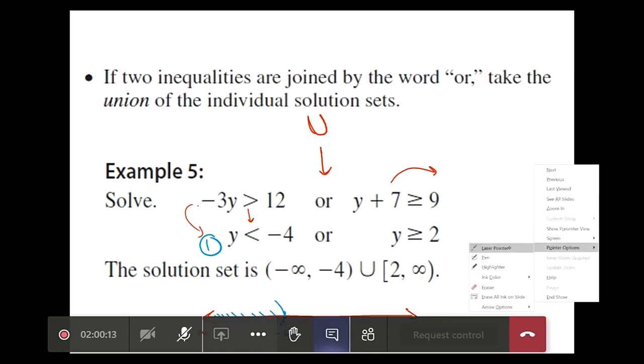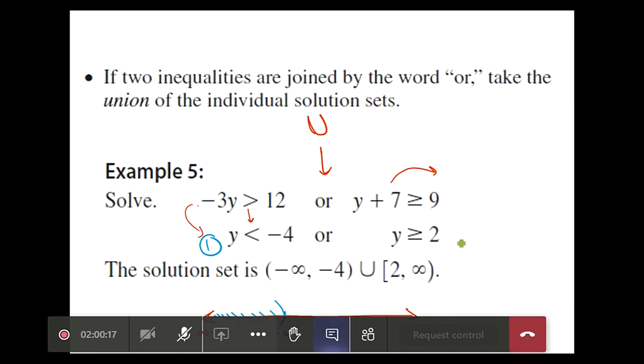The second one, this one, we have y greater than or equal to, so we have 2 closed and greater than 2. So what's the solution? This is the union. We take the two regions.